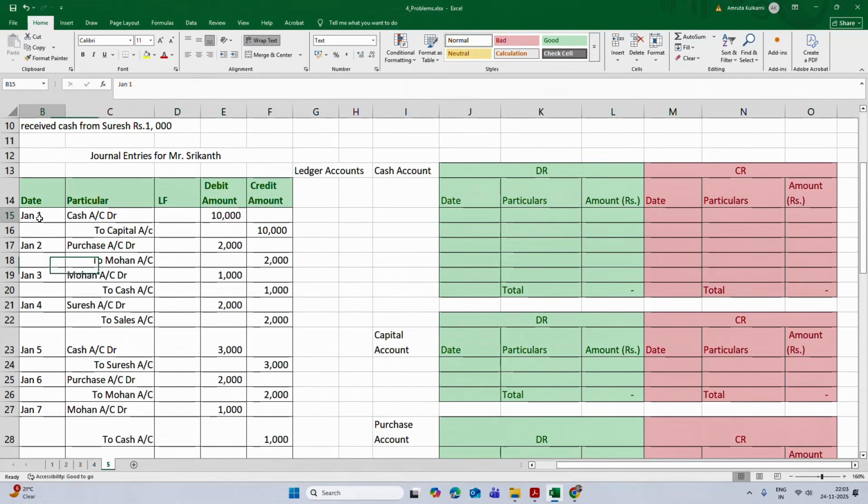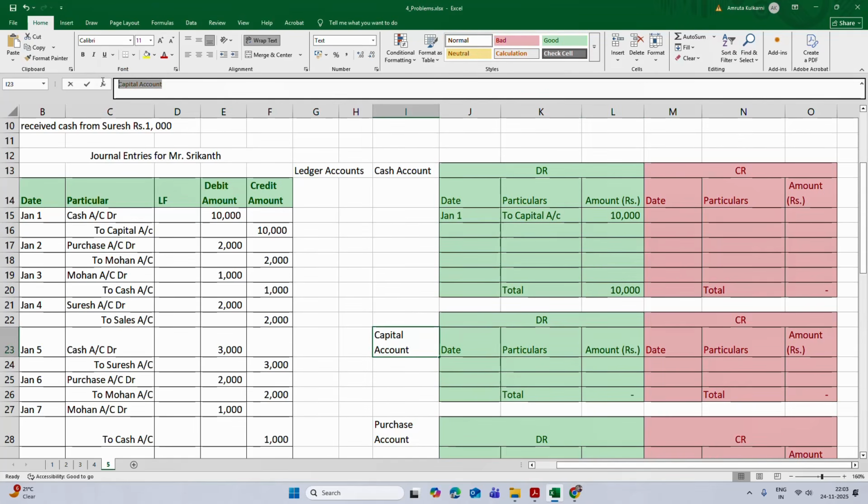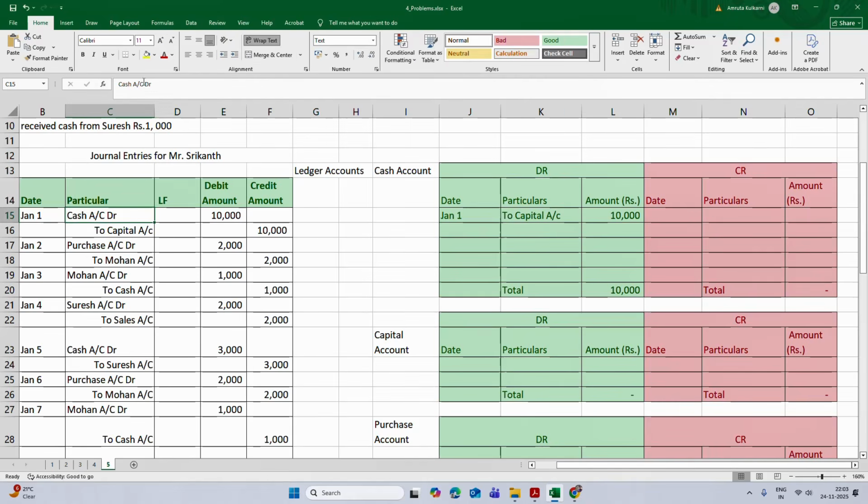So let's take the first entry, that is on Jan 1st, we have cash account debited to capital account. So on the debit side I will make this entry to capital account 10,000, as well as in this capital account I will have this transaction, that is by cash.